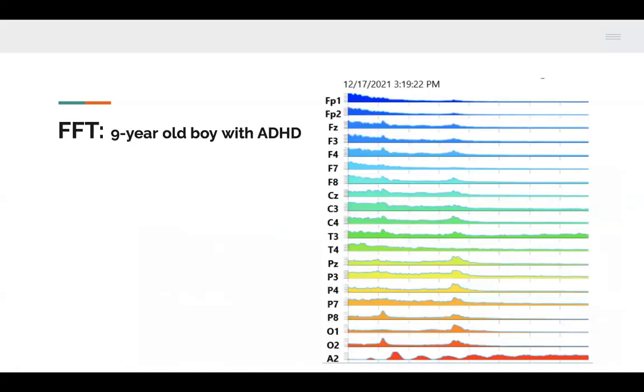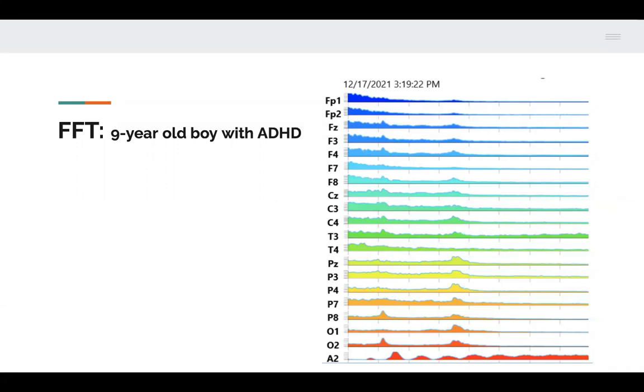Let's go here. This is a 9-year-old boy with ADHD. And there's a couple things I want to highlight on this brain map. This is all people with kind of simple pathology. A lot of times what we see in ADD or ADHD is the prefrontal cortex, which are the two electrodes recording from your forehead above your eyebrow.